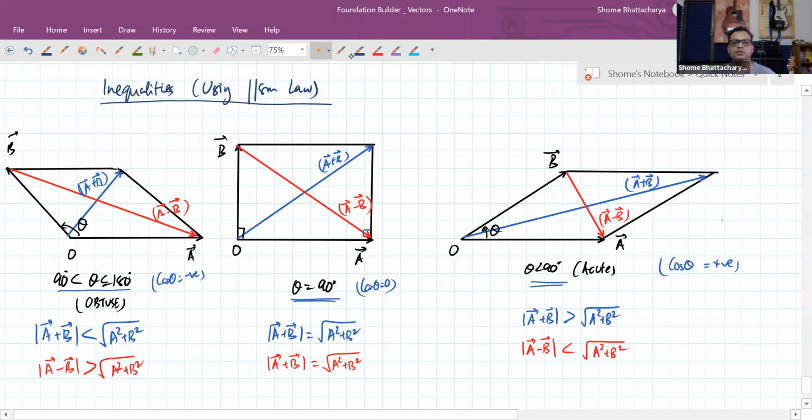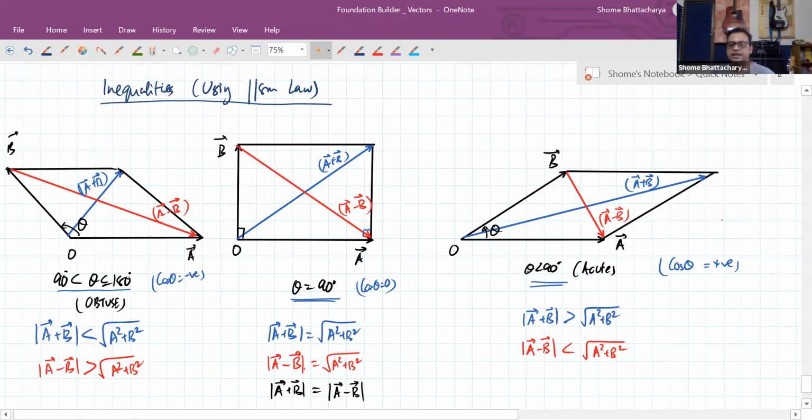So additionally, you now have the property that whenever two vectors are perpendicular to each other, the magnitude of the sum, sorry, my mistake here, this should be a minus b. It's the same, but a minus b also has a magnitude. Okay. So the sum of the vectors and the difference of the vectors have the same magnitude, which is root of a square plus b square.